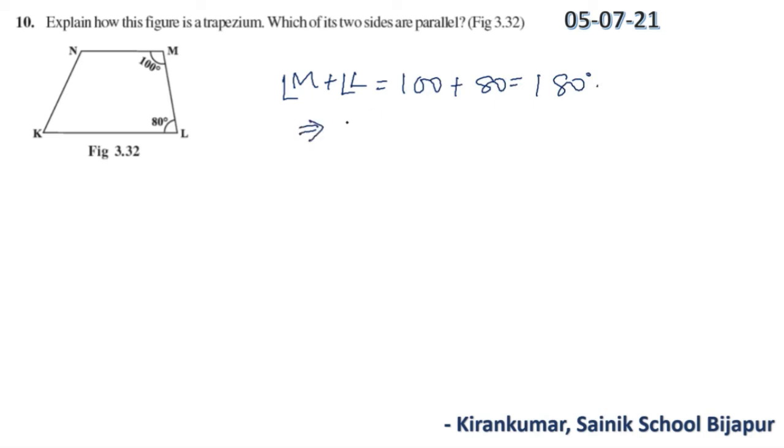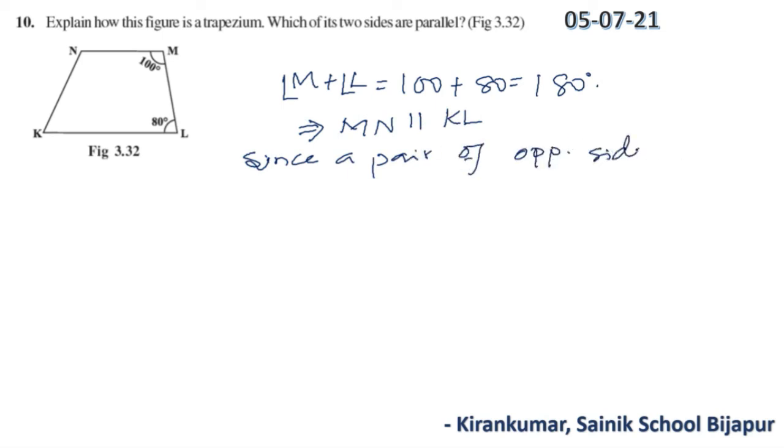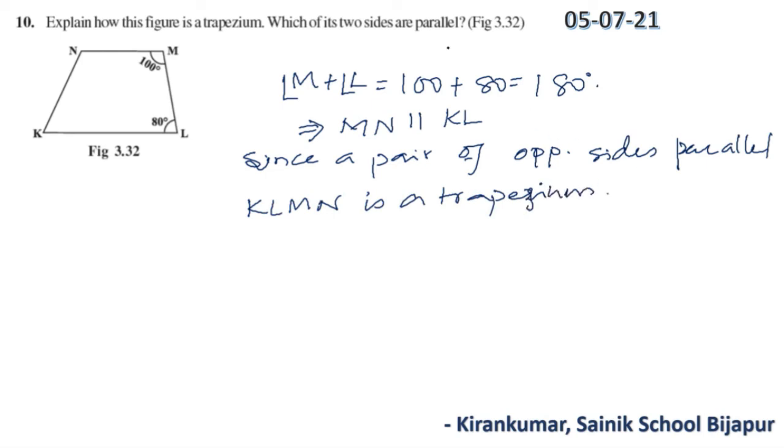This implies MN will be parallel to KL, since a pair of opposite sides are parallel to each other, KLMN is a trapezium. Which of its two sides are parallel? That we have answered here. MN is parallel to KL.